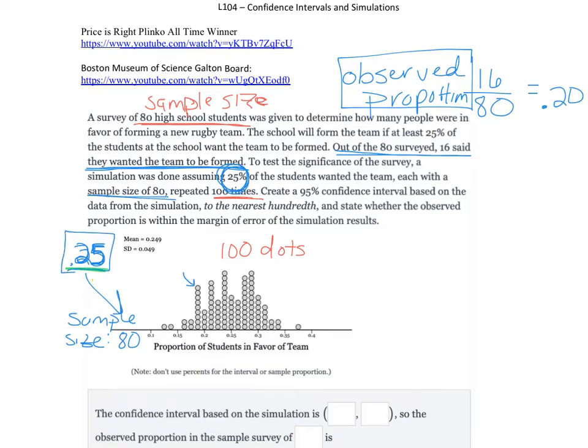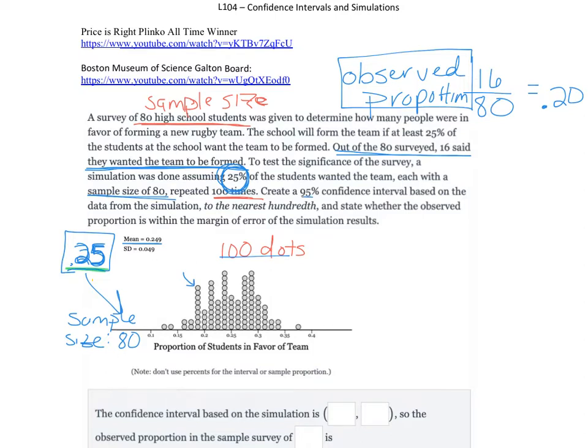And what we do to do that, first off here, I find the average of these dots. So if I added up all of these values together and divided by 100, I would get 0.249. The standard deviation, the average distance the dot is from the mean, is 0.049.